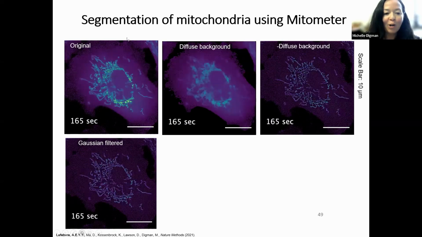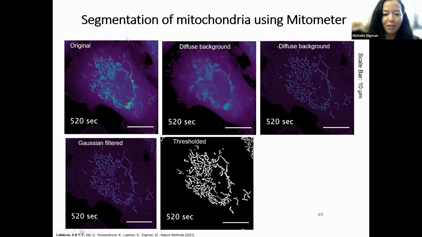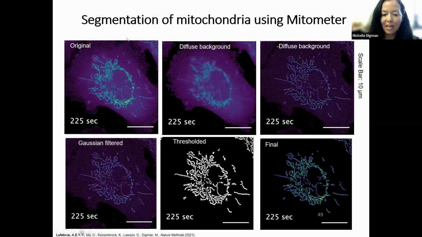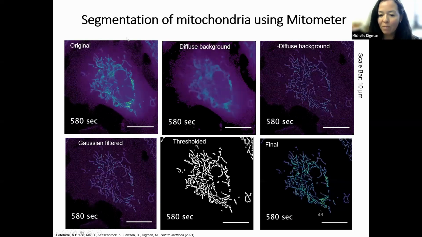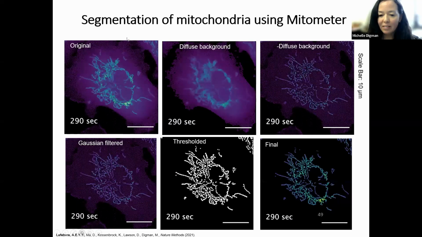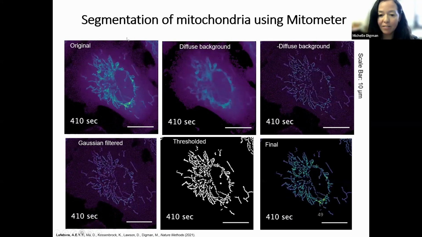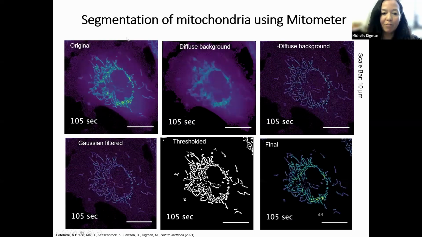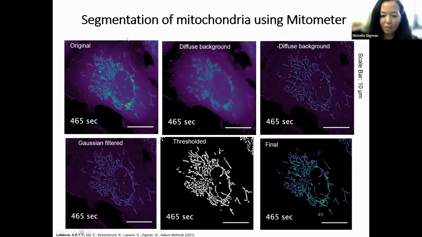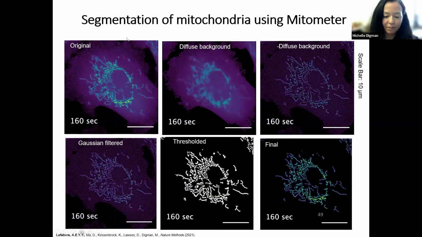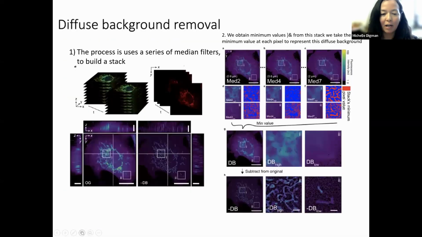And now, if we Gaussian filter and threshold this, we're able to generate a final image where we can really see a good contrast of the mitochondria from our original image here, which you can see has a very noisy background.